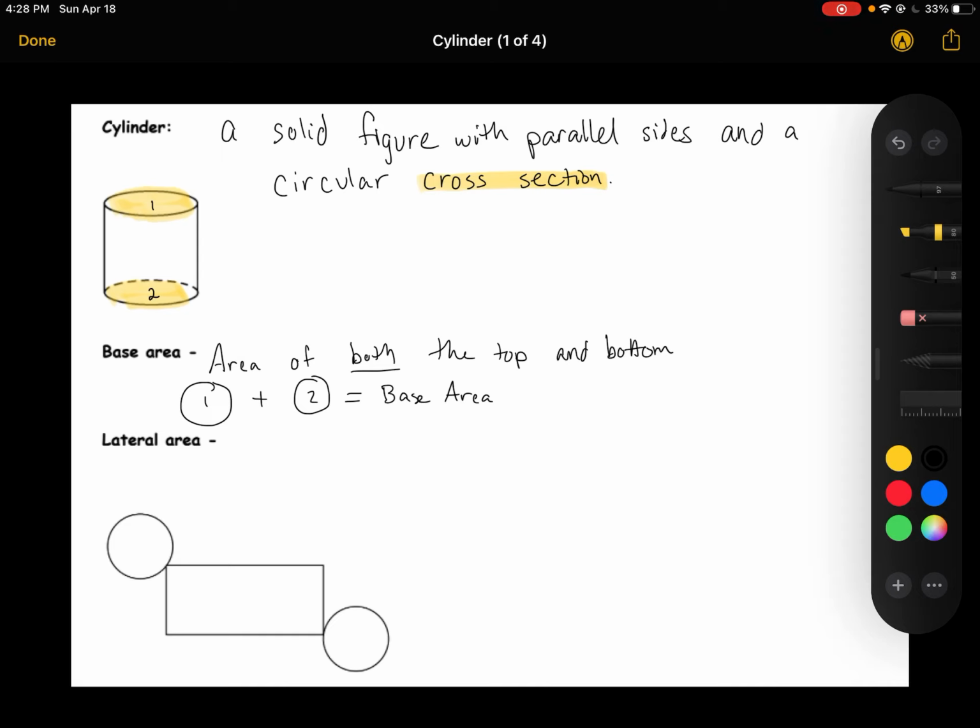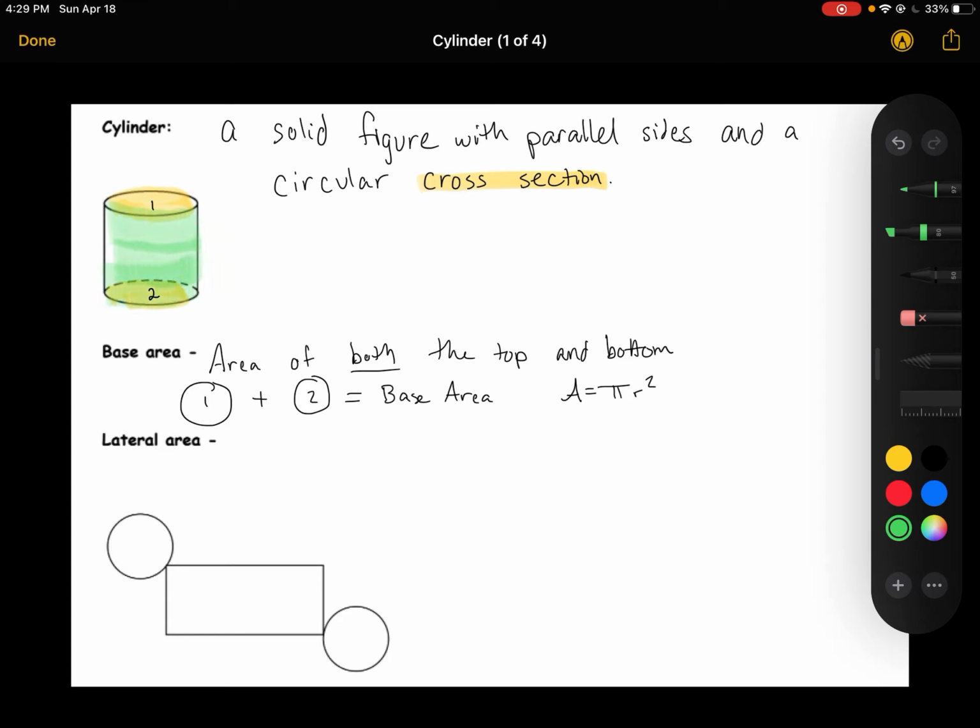We're going to need both, and that is going to give us the base area. The area of a circle is pi times the radius squared, and we'll have to do that times 2 because there are 2 circles. So just to recap, and we'll do an example in a moment, pi r squared finds the area of the top and bottom, put them together, that's your base area.